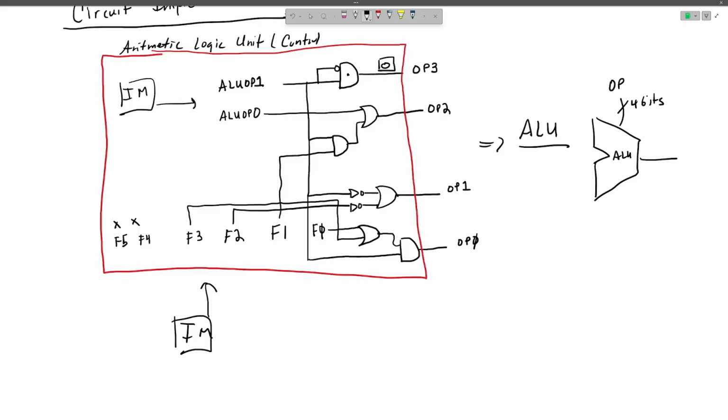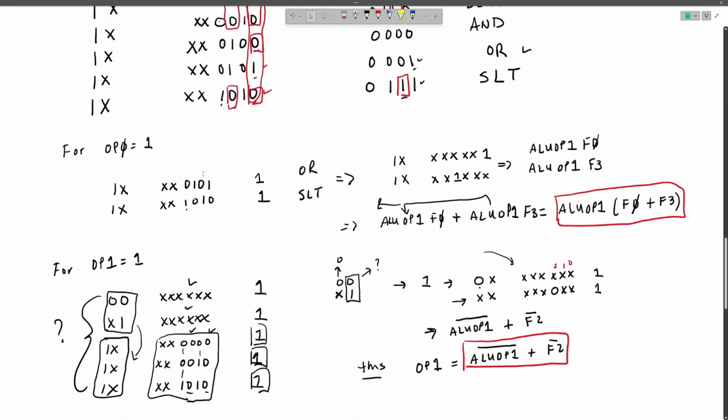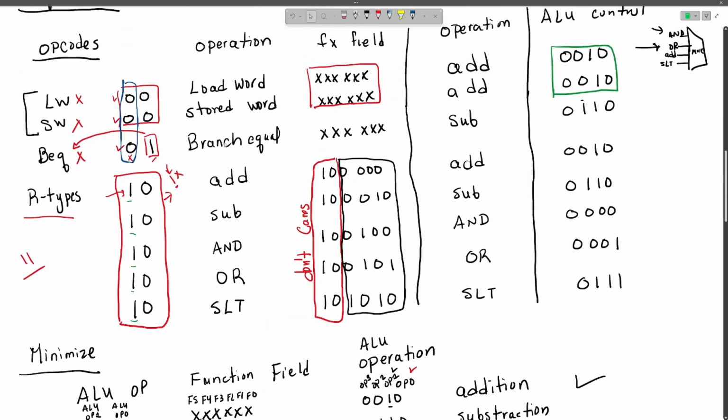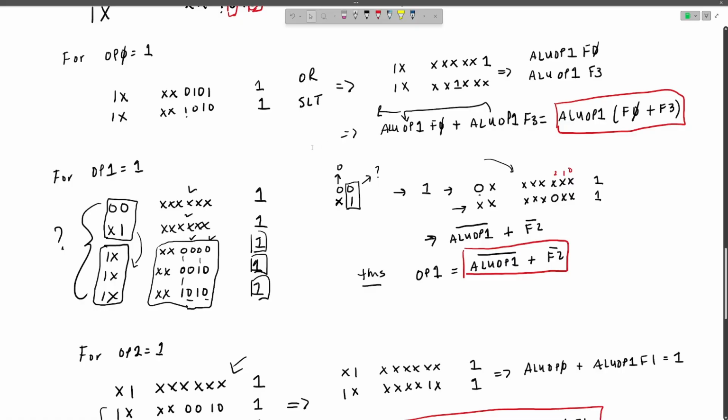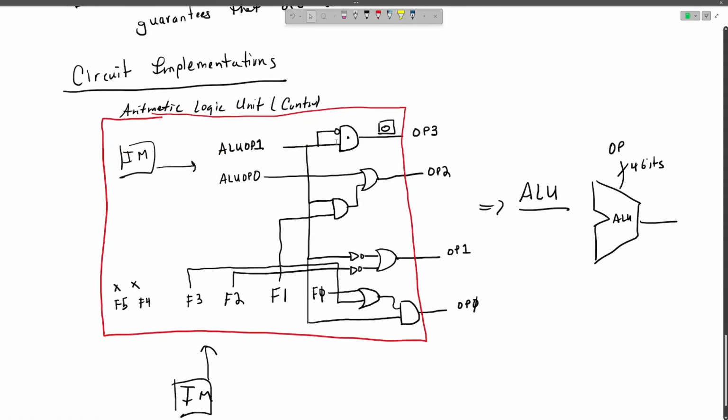And this is how you implement the control unit. From our very complex equations that we usually have, we managed to minimize and simplify it, allowing us to build it with a few components. Now, we're going to try to implement this in Logisim, but after that, we're going to do it in ROM because it's easier.